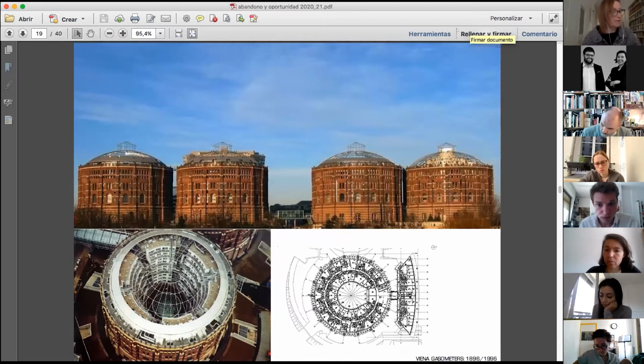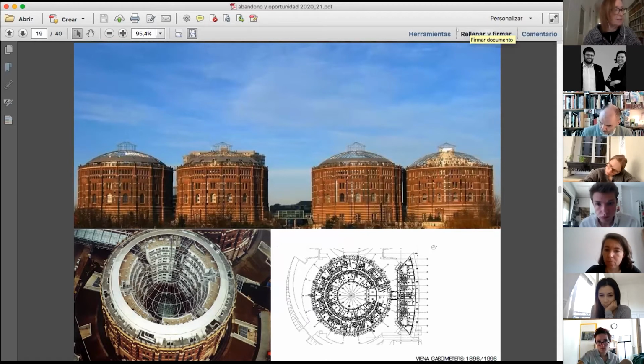Another more recent example of this way of operating will be the Vienna Gasometers converted into homes by several architects' teams, including Jean Nouvel's.